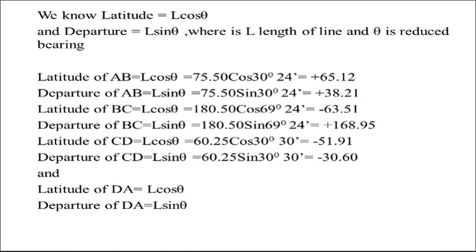Departure of line CD is equal to 60.25 sin of 30 degrees 30 minutes, and the answer is 30.69. And finally latitude of DA is equal to L cos theta and departure of DA is equal to L sin theta. So we have calculated latitude and departures for all the lines.